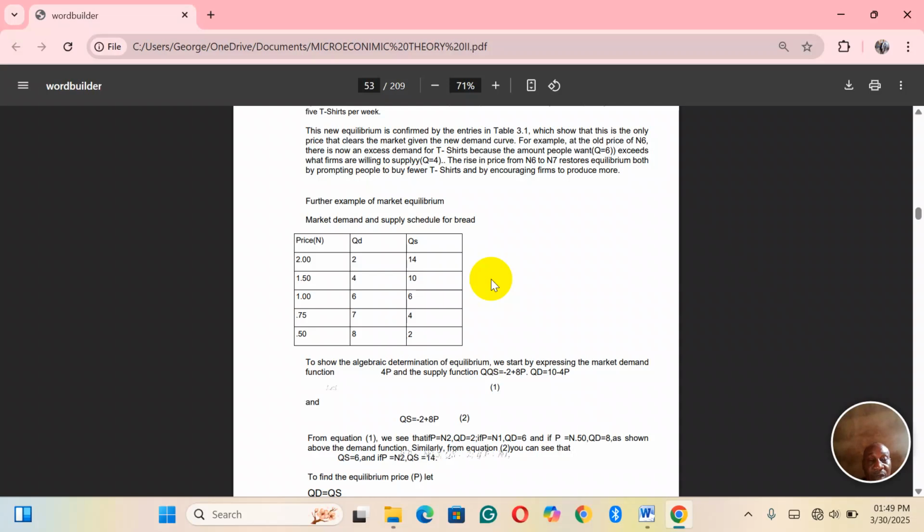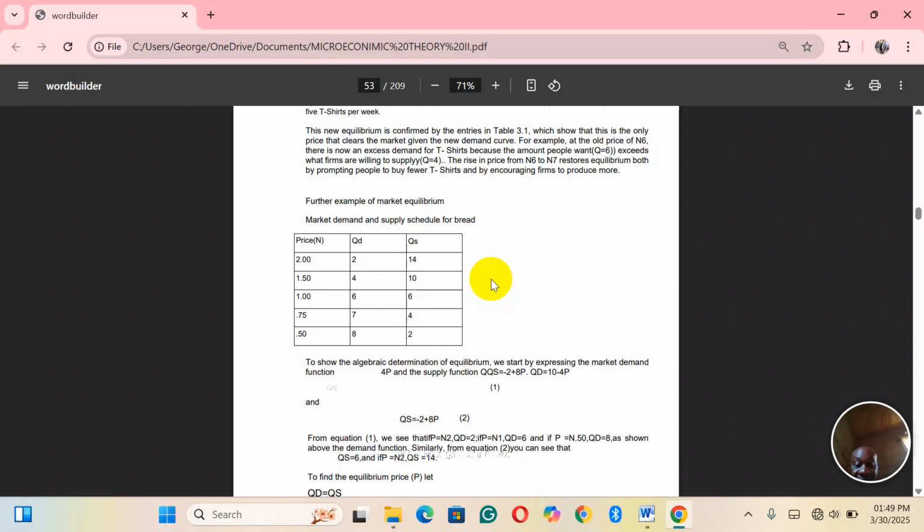At 1, quantity demanded was 6, quantity supplied was 6. At 0.75, quantity demanded was 7, and the quantity supplied was 4. Then at 0.50, the quantity demanded was 8, while quantity supplied was 2.